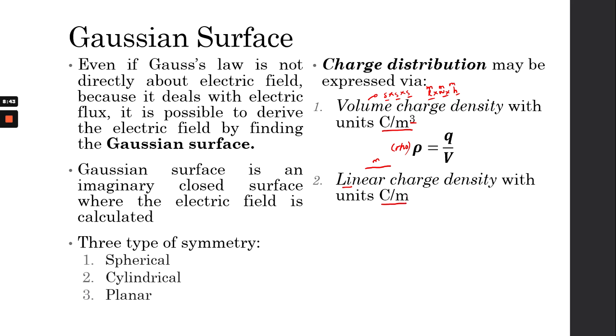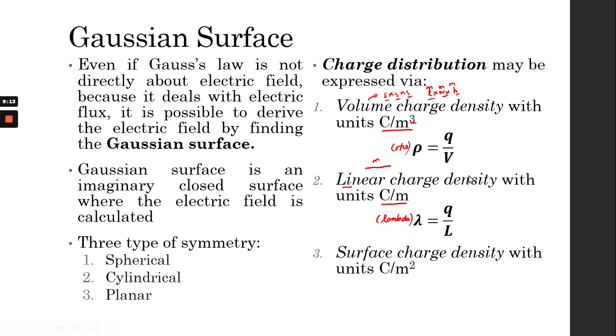As you can see, this is meter because it's only a line. This is the equation for linear charge density. We use the Greek symbol lambda. Lambda is equal to the total charge divided by the length of your line.